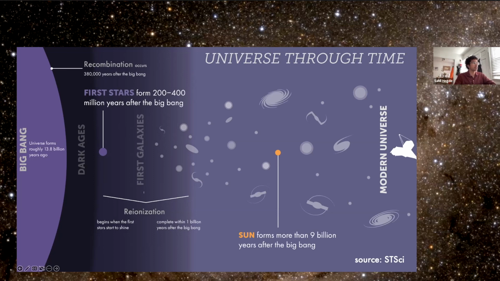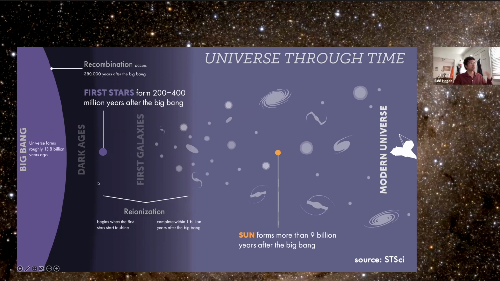And as they bring light to the universe, they start this process called reionization. So this means, you saw before that those hydrogen atoms get ionized, the electrons get knocked off of the hydrogen. And that happens from these stars emitting photons.